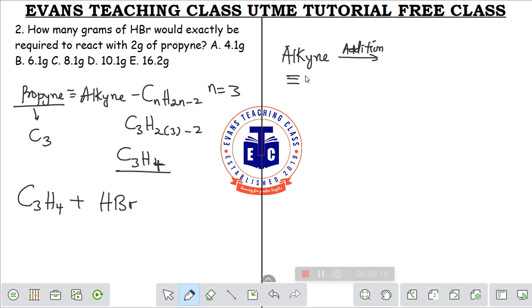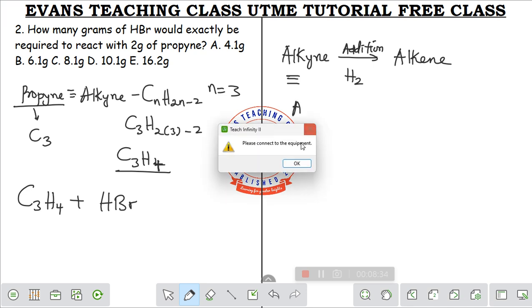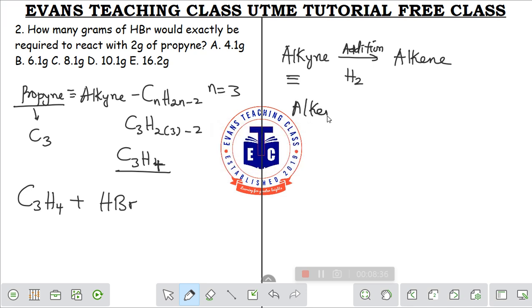For you to convert them to alkene, you need 1 molecule of hydrogen. For you to convert alkene to alkane, you need another 1 molecule of hydrogen.